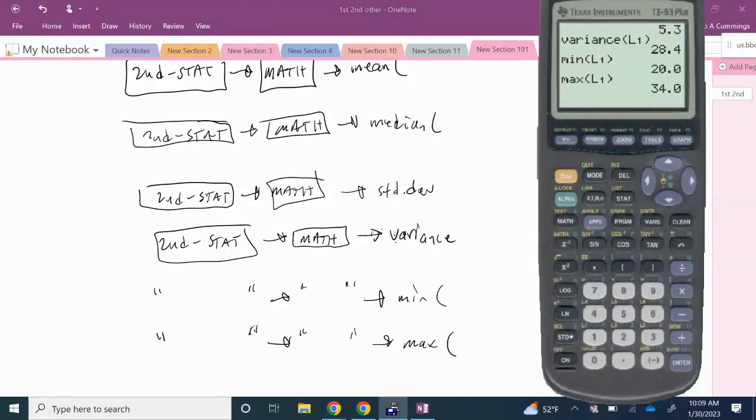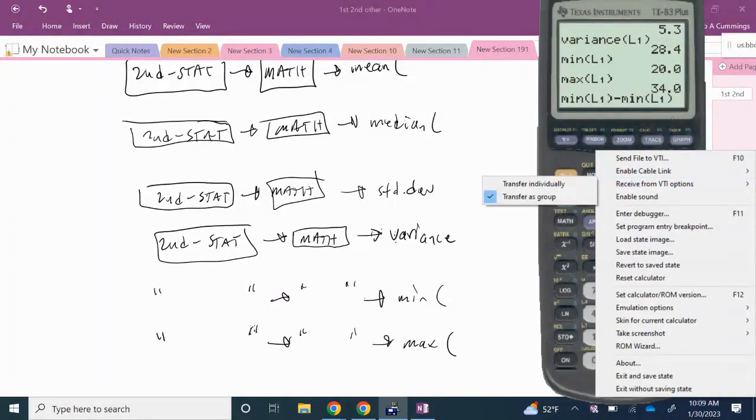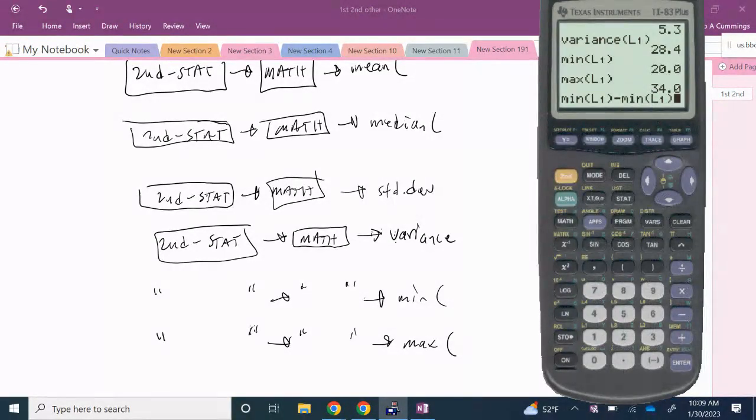Or you can put it in the calculator this way: take the maximum value for list 1 minus the minimum value for list 1, and that'll give you 14.